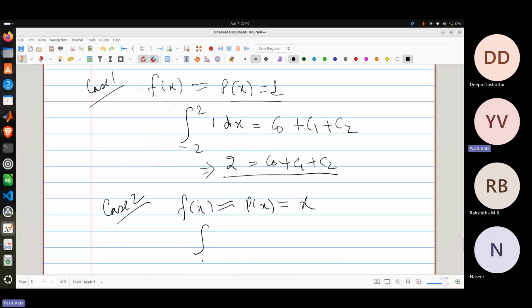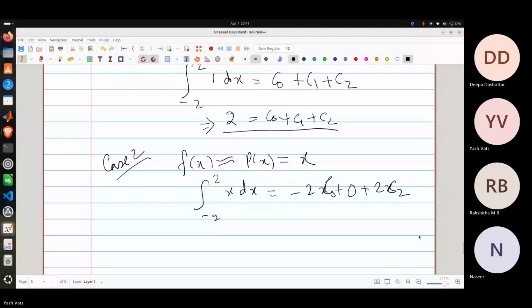Then you have the integral from minus 2 to 2 of x dx, which will be the same as minus 2c0 plus 0 plus 2c2. That is x squared by 2, and that would be 0, which gives c0 minus c2 is 0.